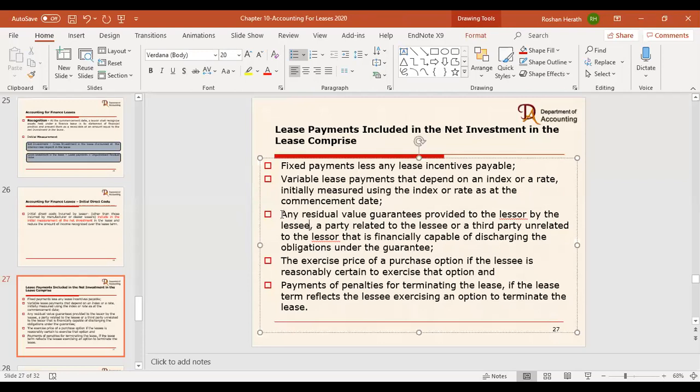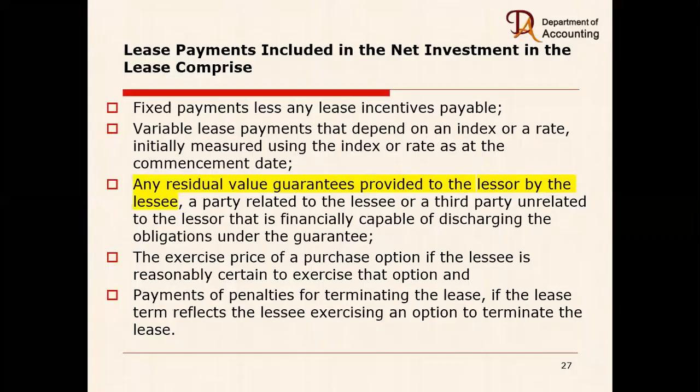Earlier, this was taken like amounts payable under the residual value guarantee. But here, it is residual value guarantee provided to the lessor by the lessee, right? Okay. Party related to the lessee or a third party unrelated to the lessor that is finally capable of discharging the obligation under the guarantee. So that's how it works, right?